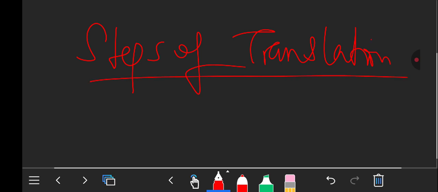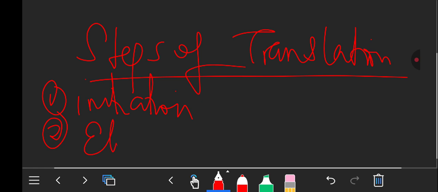The first step is initiation. The second step is elongation. The third step is termination.